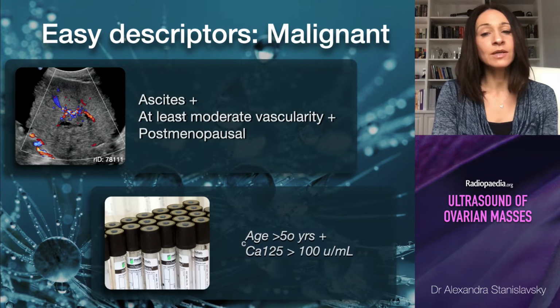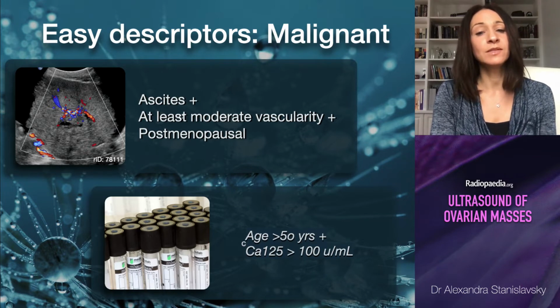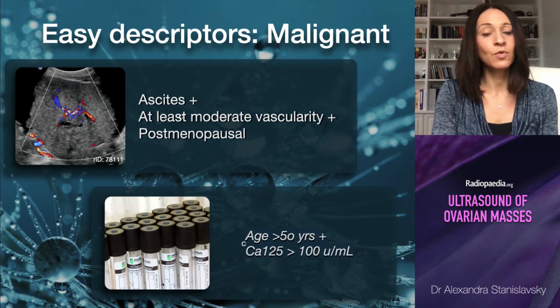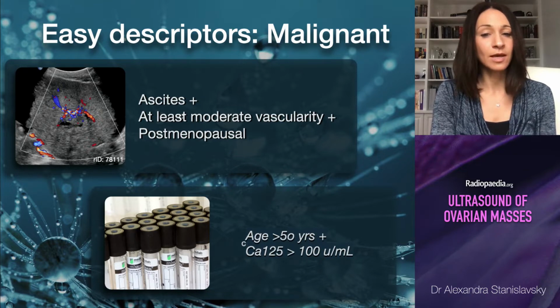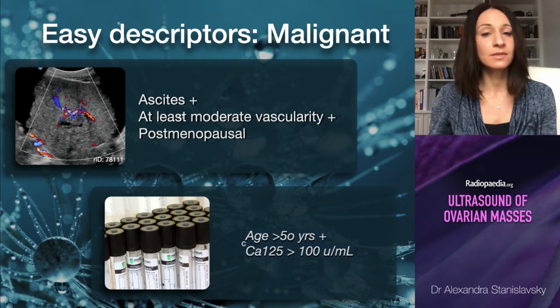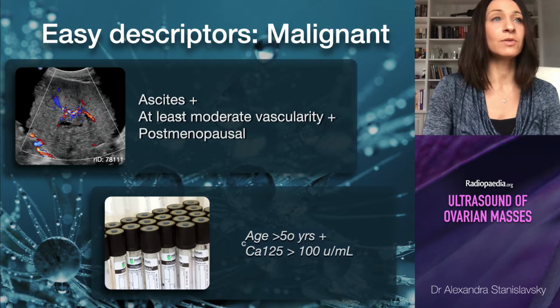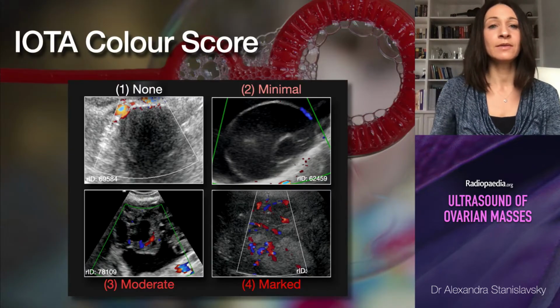And also in a patient aged more than 50 years old with a CA125 of more than 100, with no other factors of what the lesion might look like, this is sufficient to be suspicious of malignancy. And so just take note that this is the first time in all of these descriptors that CA125 has actually come into play, and we'll talk about that a little bit more further.